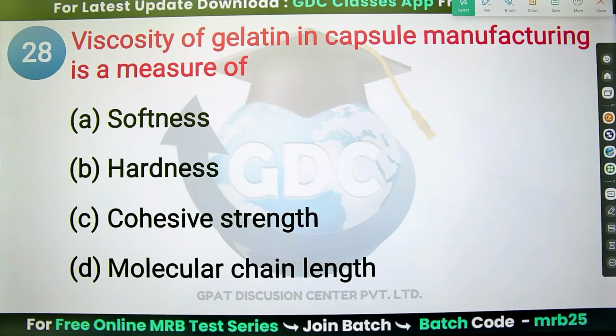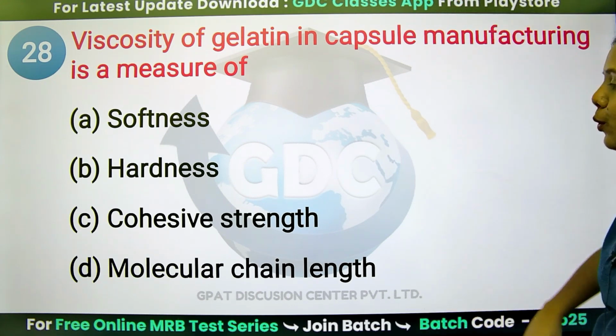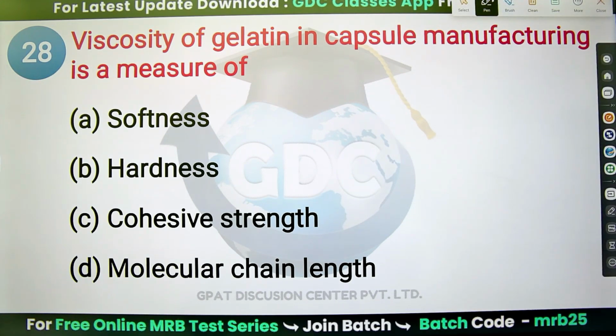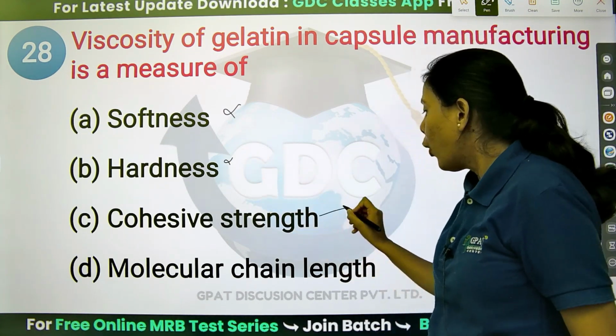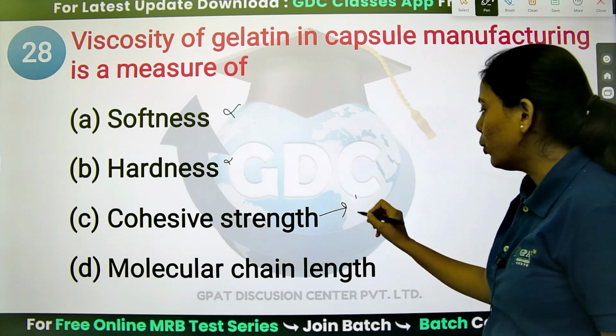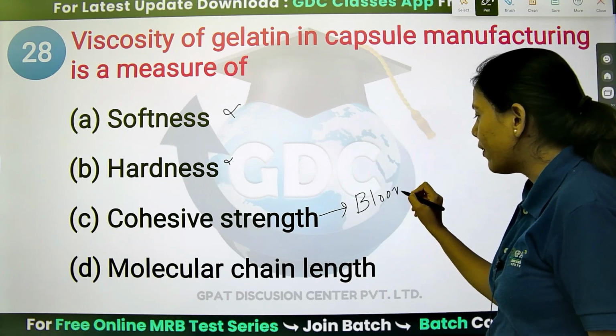Viscosity of gelatin in capsule manufacturing is a measure of what? Now I told you, first of all, bloom is not related to softness and hardness. Cohesive strength, or the cross linking, is given by bloom strength.